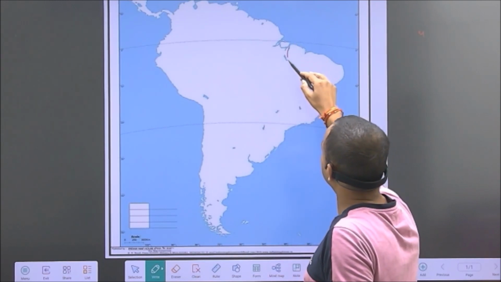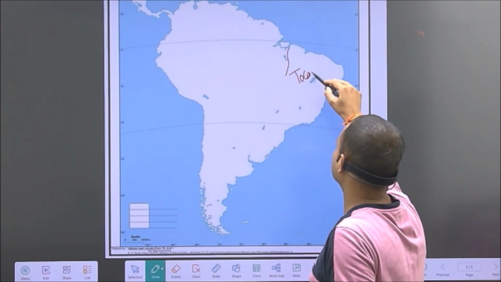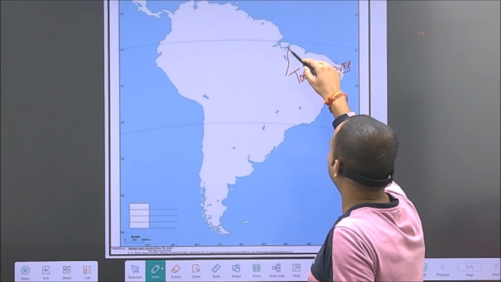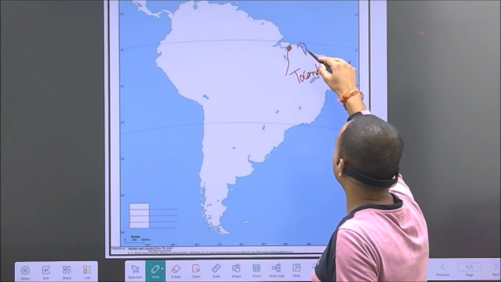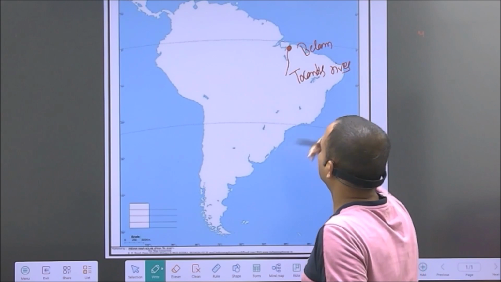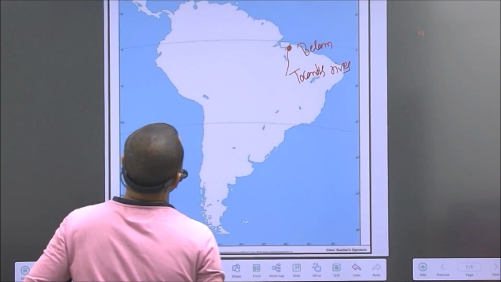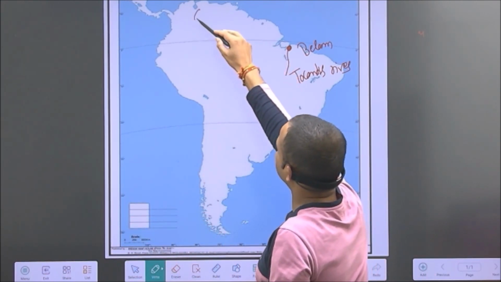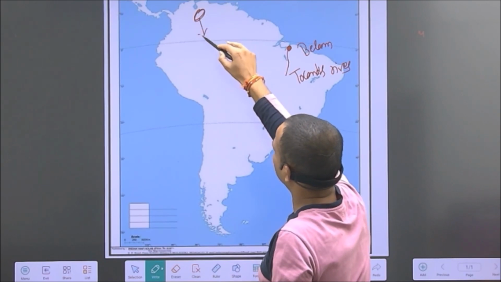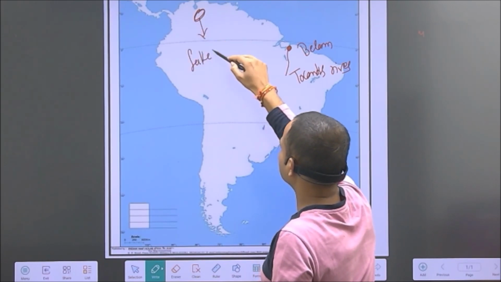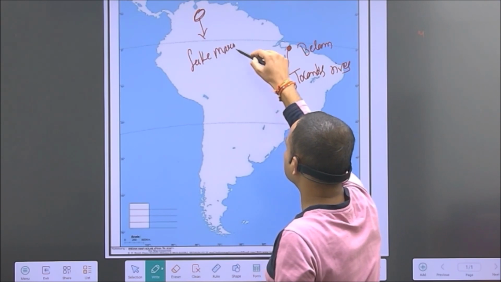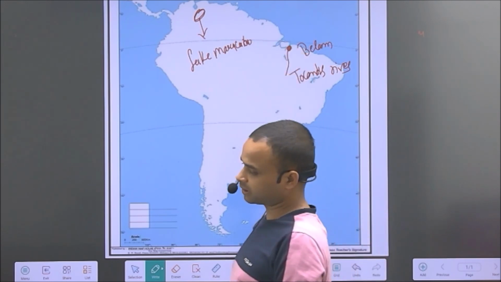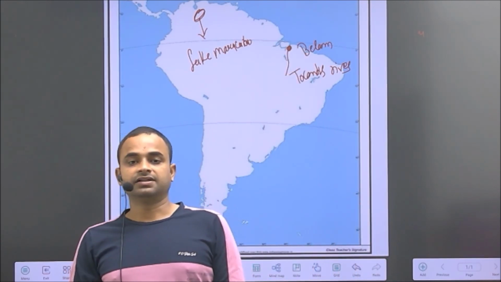Here you can see Tocantins River. And Belem is the mouth of Tocantins River. In Venezuela you can see Lake Maracaibo. Maracaibo is a very important lake for oil reserves.